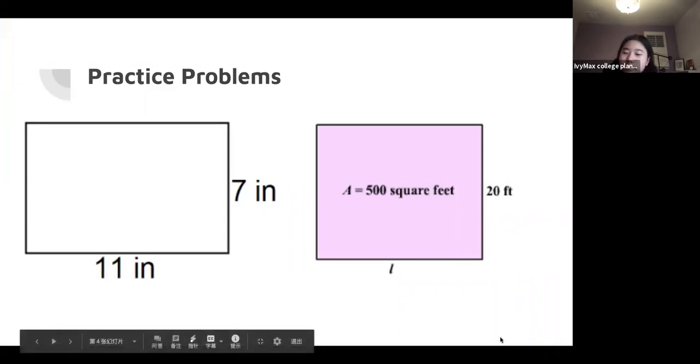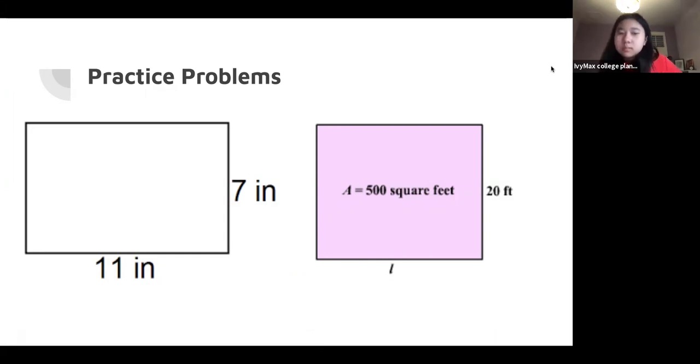Okay, so I will go over the answer right now. For the first one, we know that you do 11 times 7 for the area. So that will be 77 for the first one.